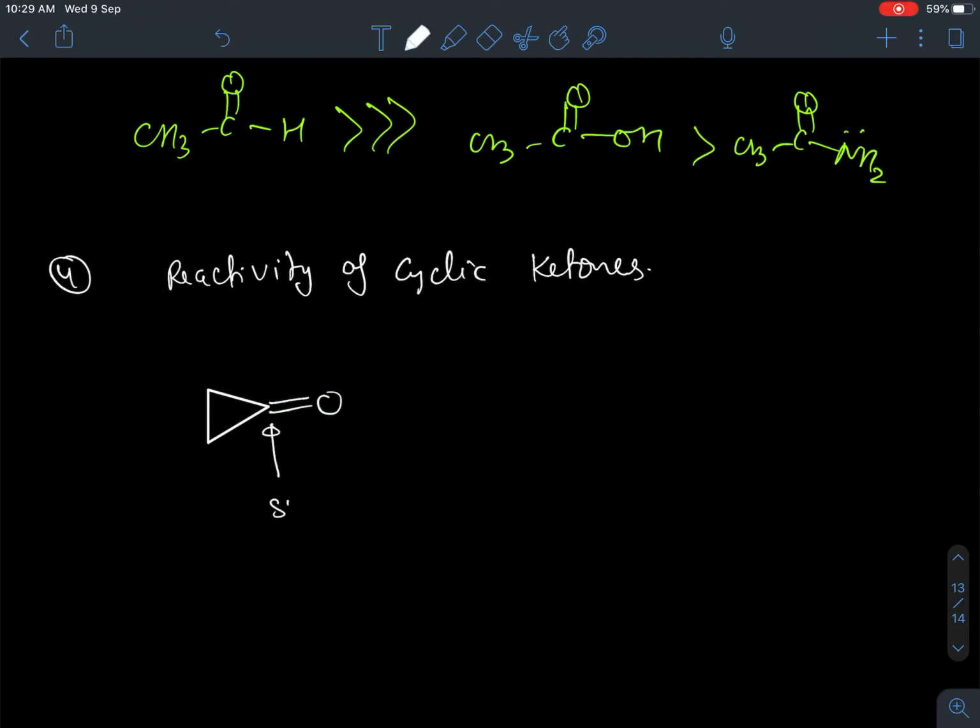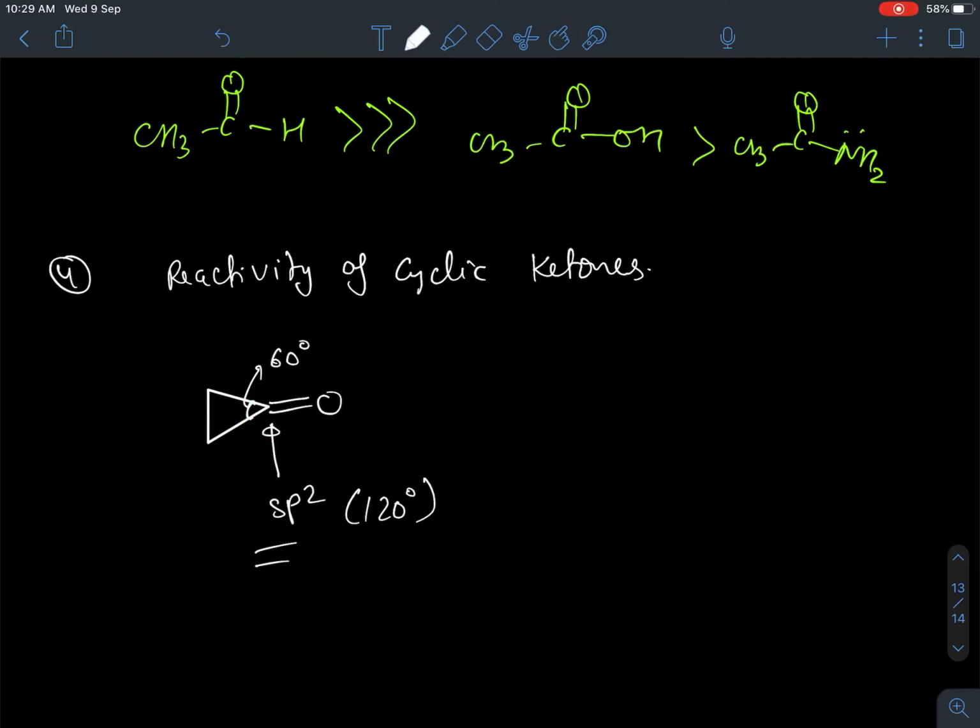What is the hybridization? sp2. So naturally sp2 hybridization will try to make it 120 degree, but how much angle is it giving here? Close to 60 degree. Can you see the amount of strain that it bears?